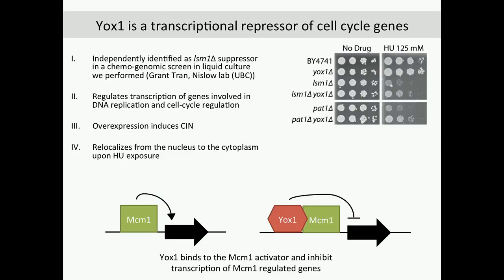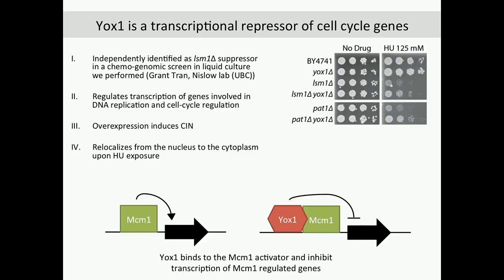So we identified YOX1 in another suppressor screen that we did in collaboration with Corinne Boone's lab at UBC, in a liquid culture suppression screen. YOX1 is also involved in the regulation of DNA replication and cell cycle regulation genes. Overexpression of YOX1 induces chromosome instability, and YOX1 relocalizes from the nucleus to the cytoplasm upon HU exposure.